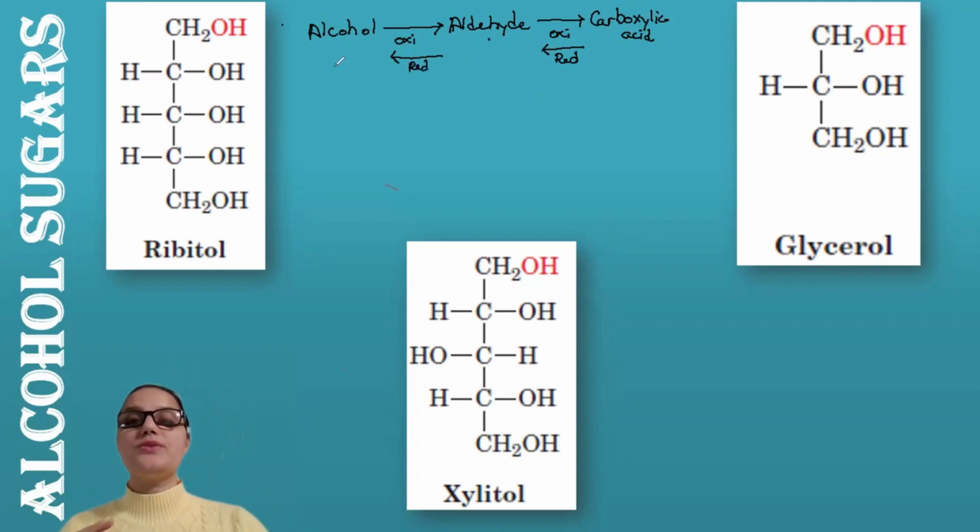So these are the two facts: alcohol's oxidation will lead to the formation of an aldehyde, and any aldehyde when oxidized forms carboxylic acid. So it actually means that the eventual result of alcohol's oxidation can be the formation of carboxylic acid. Okay.